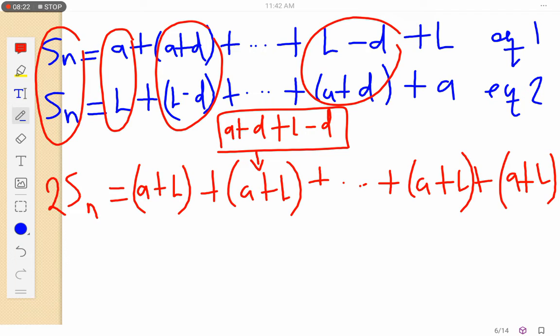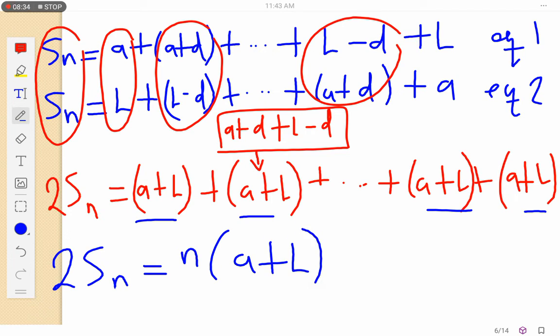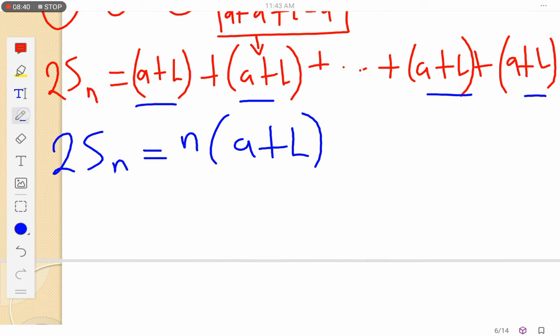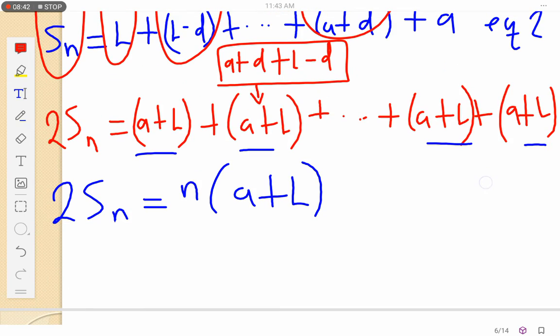Now, since we have the same term here, I can simply say 2Sn is equals to n(a plus L). I think you can agree with me there. Now having that, I want to remain with Sn on this side, so I will divide by 2 both sides.